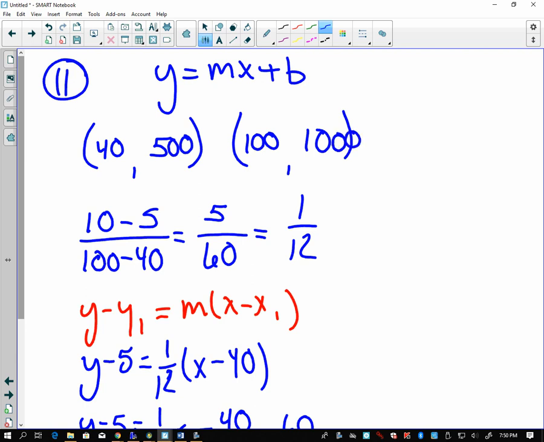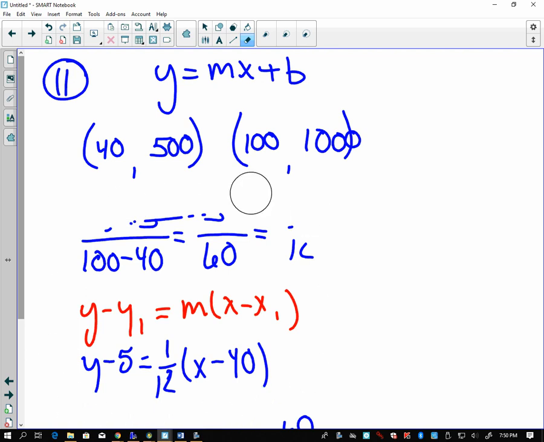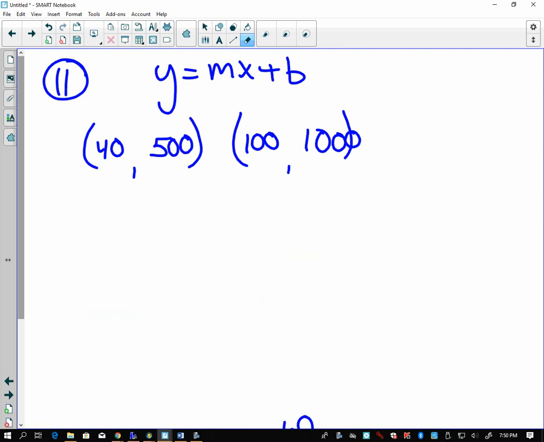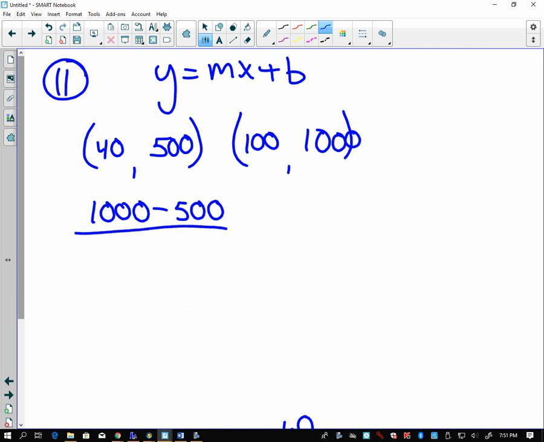So that would mean we've got to go back to the drawing board for really all of it. Let's see if we can still get there. You'd wind up with 1,000 minus 500 over 100 minus 40.